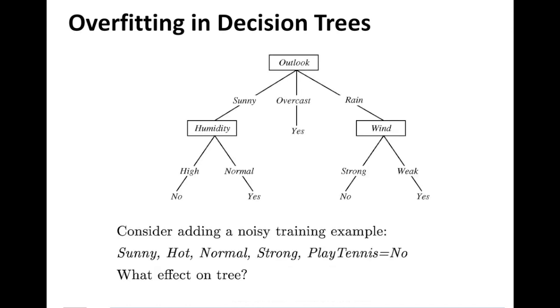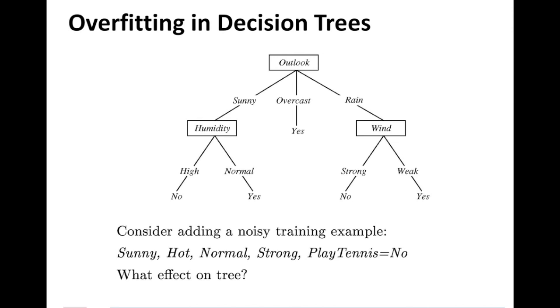Okay, so overfitting in decision trees could arise from multiple different scenarios. One popular reason why this could occur is when there are noisy training examples. For example, here we have sunny, hot, normal, strong, play tennis equal to no. So this is another training example. If you want to add this to our already existing training set, then if you see here, outlook is sunny and the humidity is normal, that actually has the decision yes.